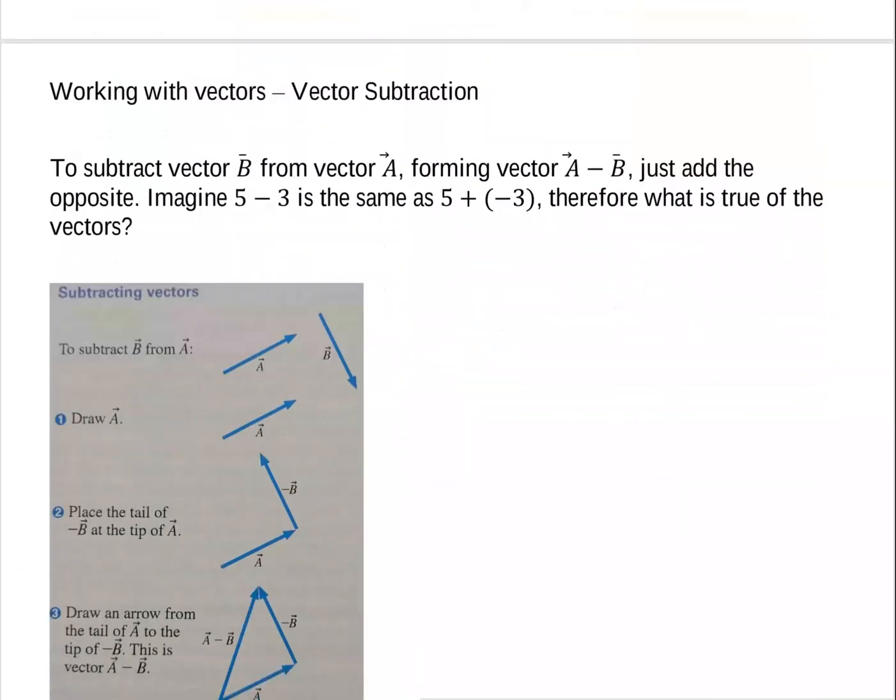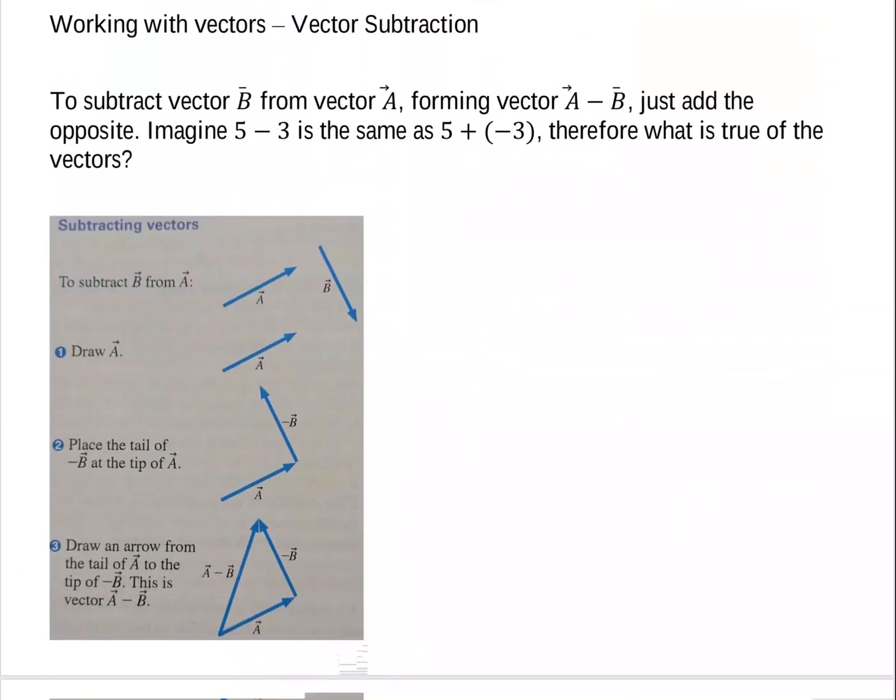All right, so now working with the vectors, if we have vector subtraction. We have to subtract vector B from vector A. So what we want to do is think of it as adding negative B to vector A. So here is vector B sitting right here, okay?